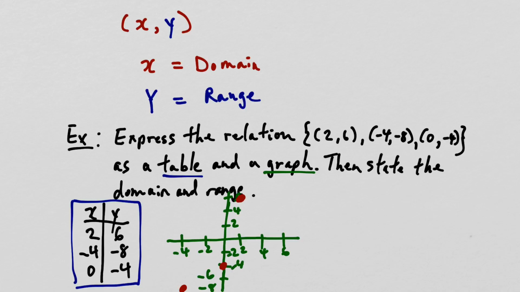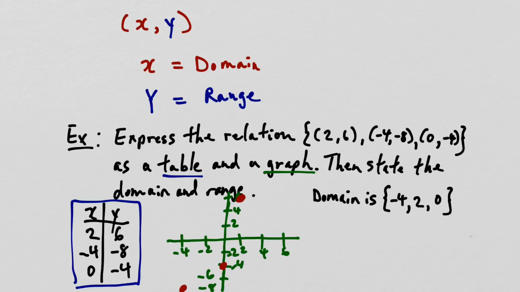Then we need to state the domain and range. So the domain is the set of the following numbers, and we put it in these brackets like this. And you just basically list all of the x values in order from smallest to largest. So in this case, this would be -4, 0, and 2.